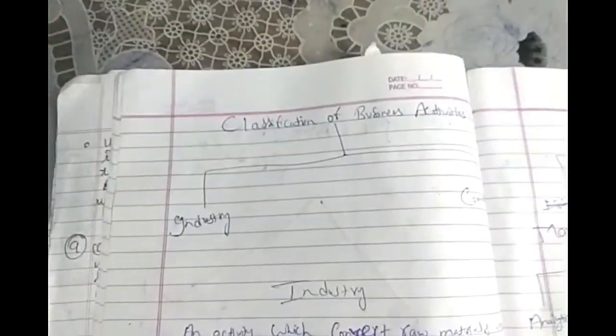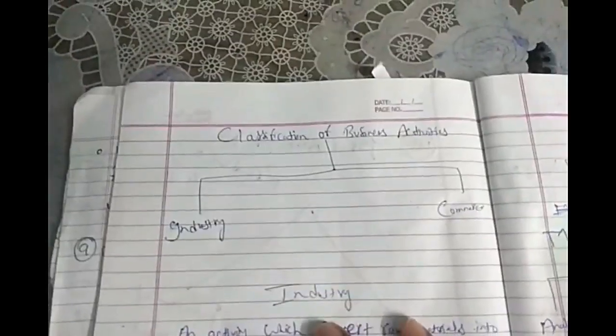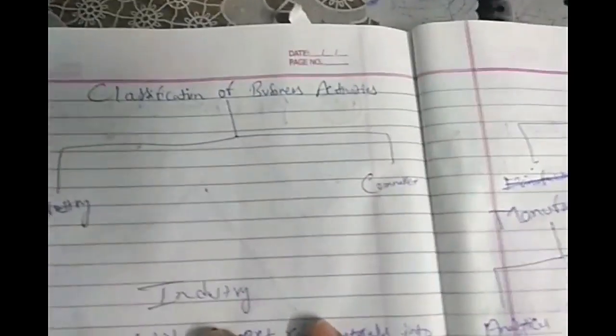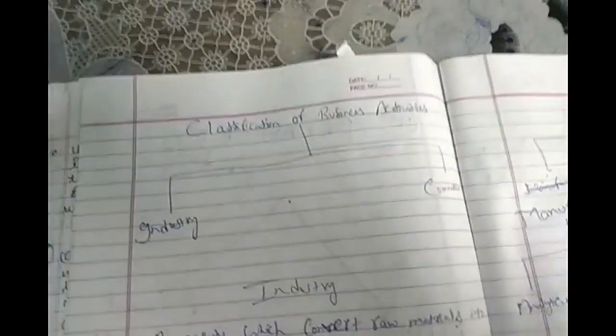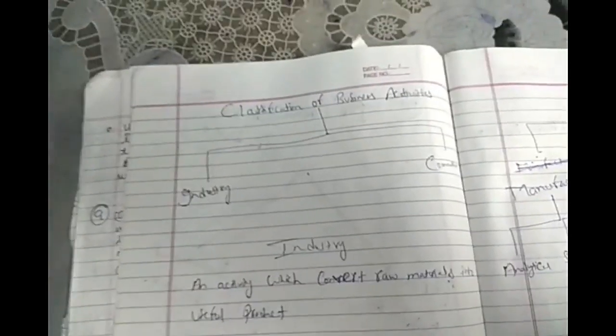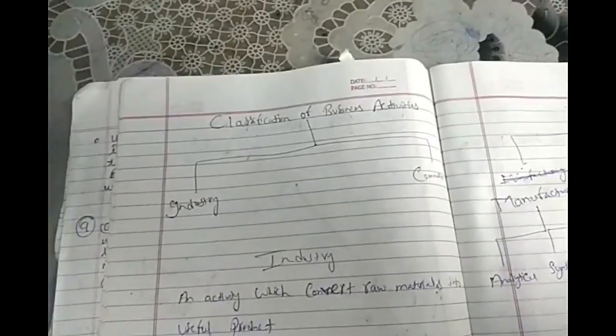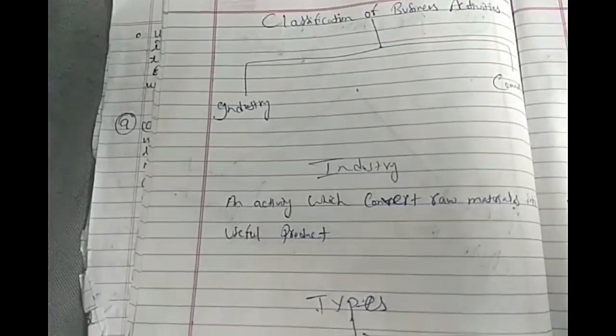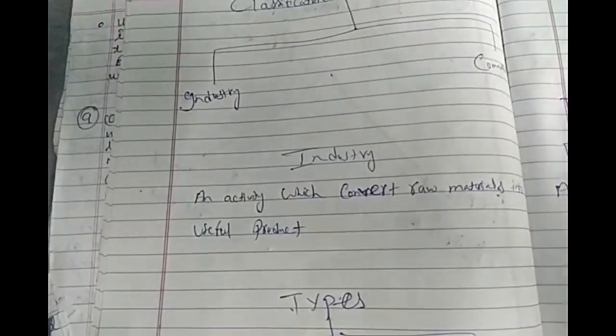Now the next topic is classification of business activities. Business activities are classified into two types, industry and commerce. That is clear. First we will start with industry. Industry is an activity which converts raw material into useful product or finished goods.